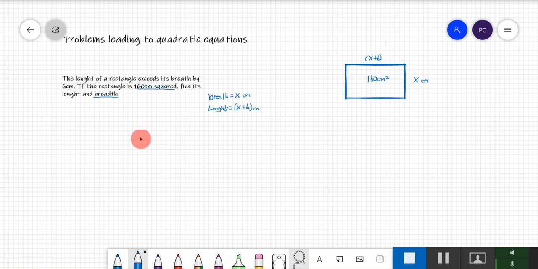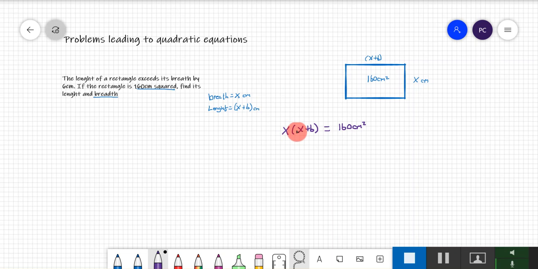We can write this out like so: x multiplied by x plus 6 is equal to 160 centimeters squared.